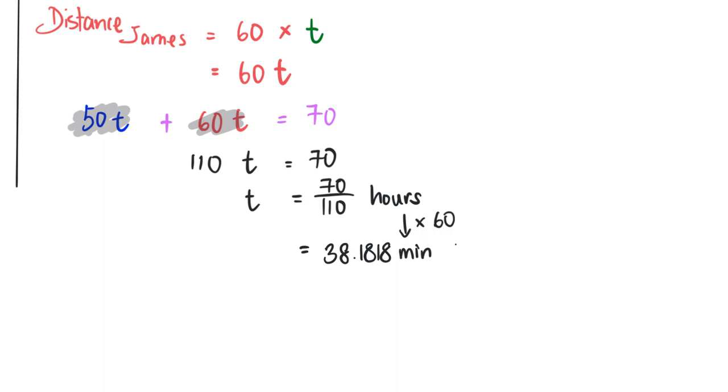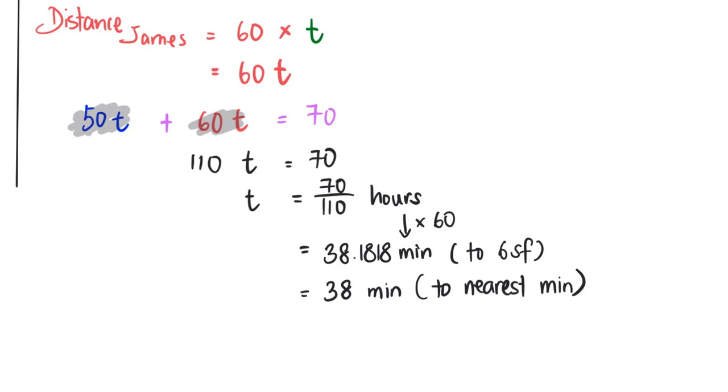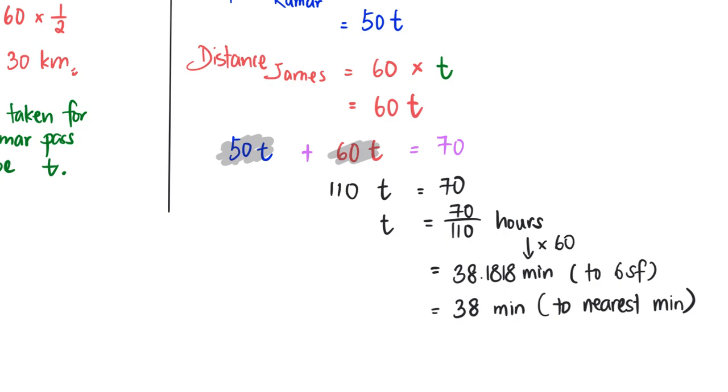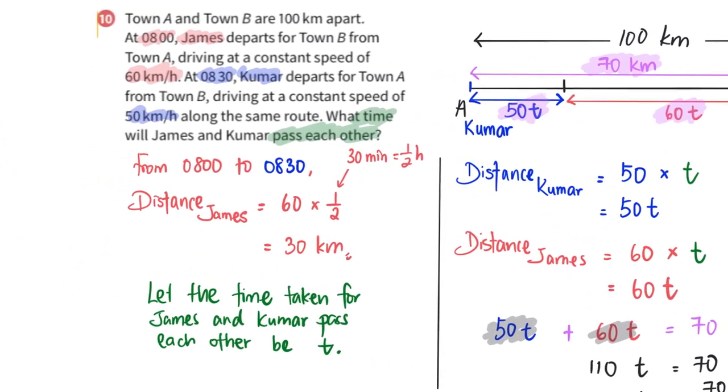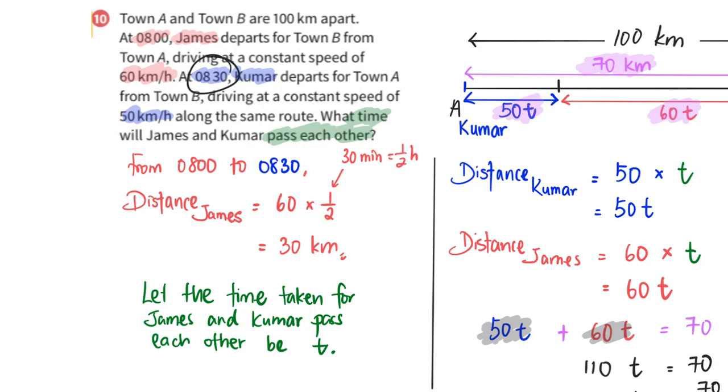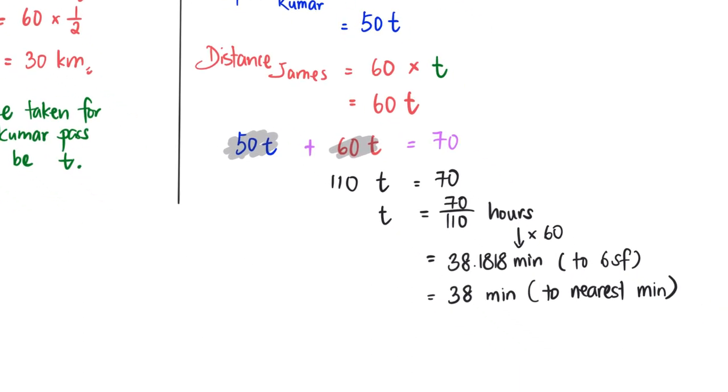38.1818, which is 38 minutes to the nearest minute. So for this part of the journey, which starts at 8:30, what will be the time they pass each other?